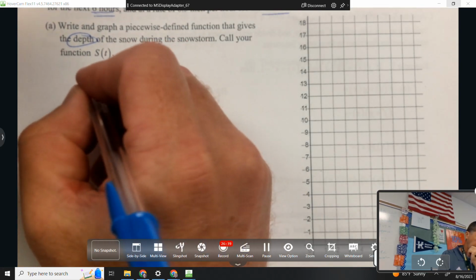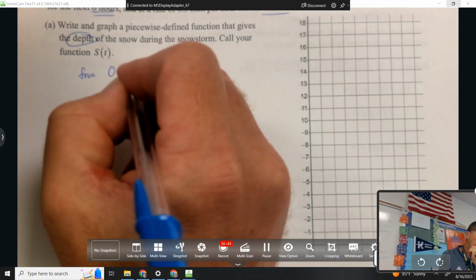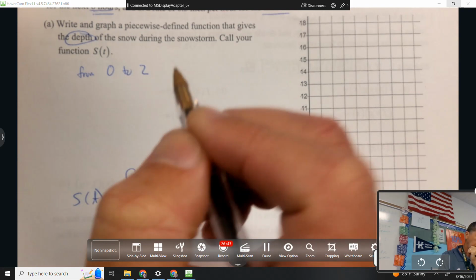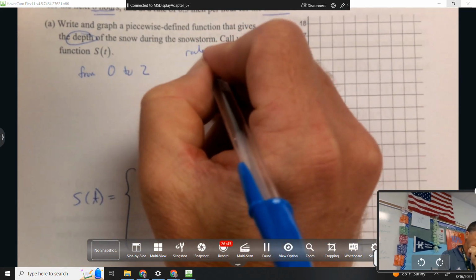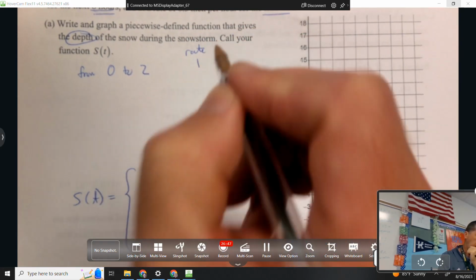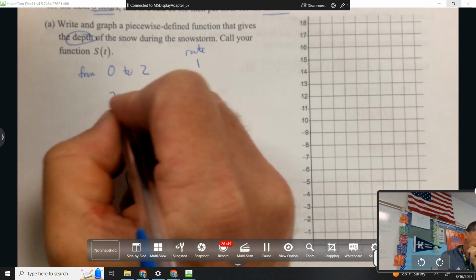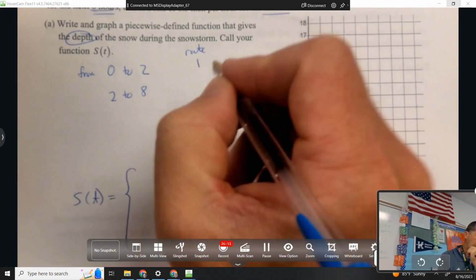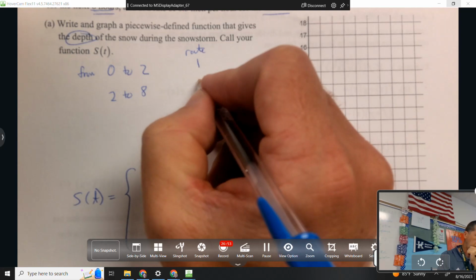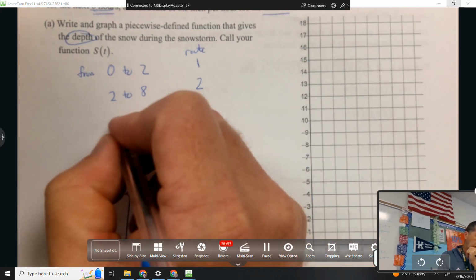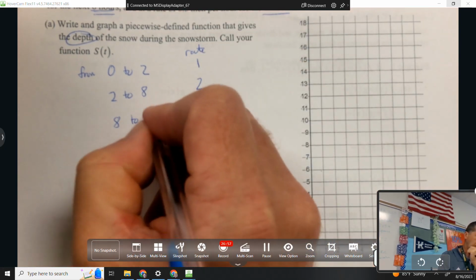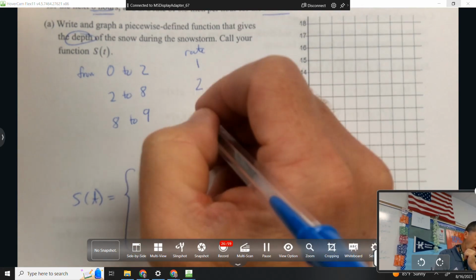Okay, so from 0 to 2, the rate was 1 inch per hour. From 2 to 8, the rate was 2 inches per hour. And then 8 to 9, the rate was half an inch per hour.